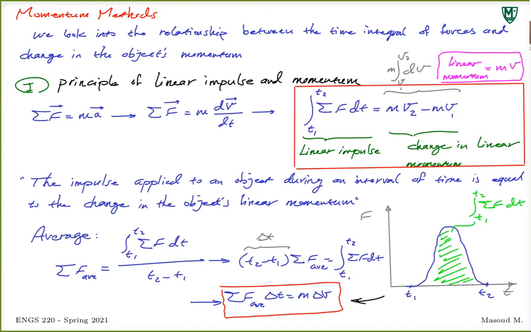So we talked about linear impulse and momentum. Now I want to talk about the principle of angular impulse and momentum. Remember, I'm just giving you more and more tools to be able to study moving objects. That's the whole story. With linear impulse and momentum, we get the integral of forces with respect to time and its relationship with the change in linear momentum, linear momentum being mv.